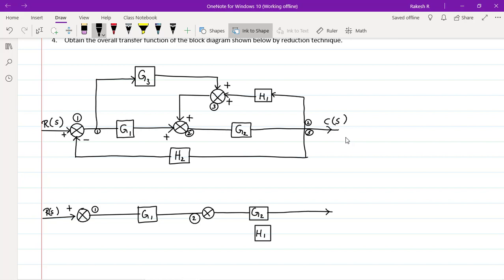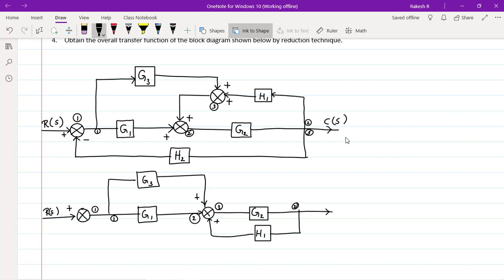What I have done, I'll be merging summing point 2 and summing point 3 here. So this takeoff point 2 clubs with the summing point 3 here. This is positive here and this is 3. 2 and 3 is merged here. Then one more takeoff point is there, takeoff point number 1, that is G3 here, that comes and merges with the summing point 2 with positive input.